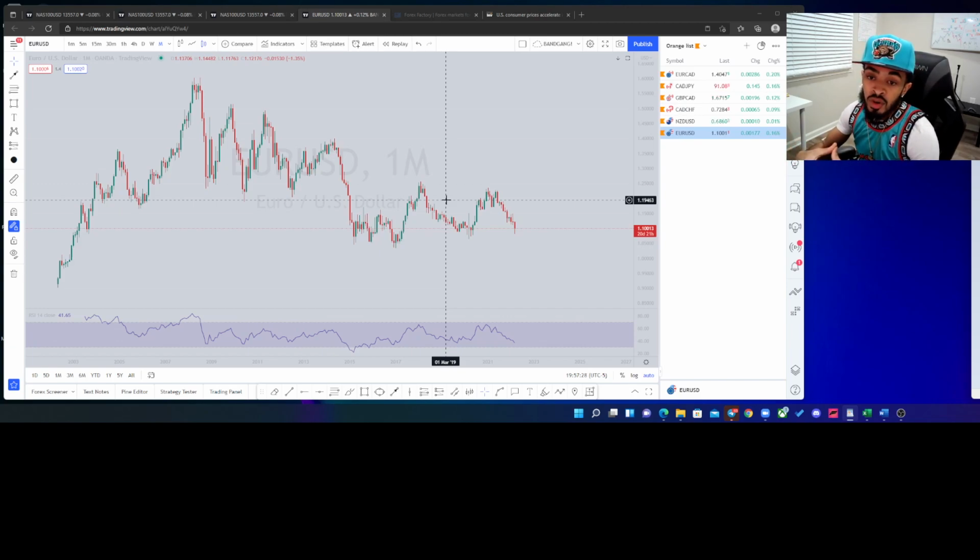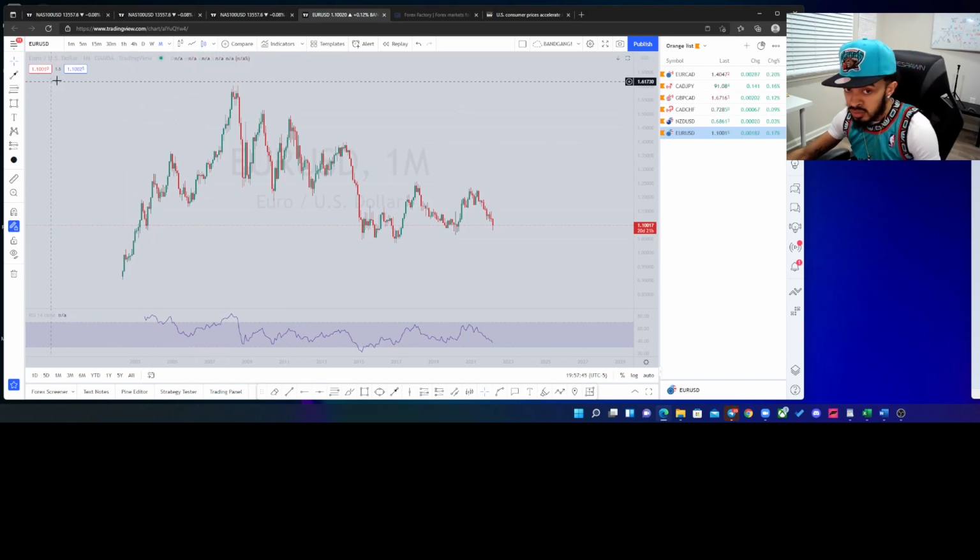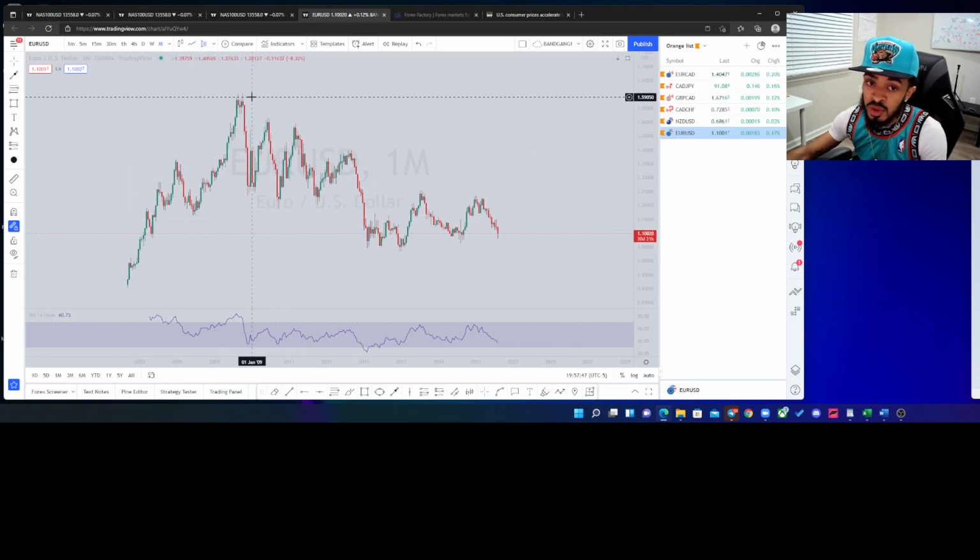Same thing with the charts. You can't get an overall understanding of what's happening in the bigger picture unless you start from the highest time frame. The highest time frame possible, as shown on the screen, is the monthly time frame, right? Think about the monthly time frame being the overall book.